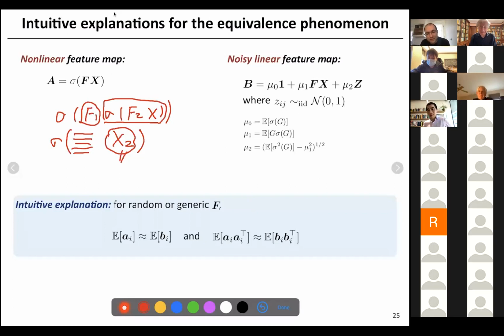Under the model that we study, under the scaling that we study, yes, nonlinearity is equivalent to noisy linear, which is not a very nice message, right? Then the more important question is what are the regimes or scaling settings such that genuine nonlinearity cannot be reproduced by a noisy linear version.